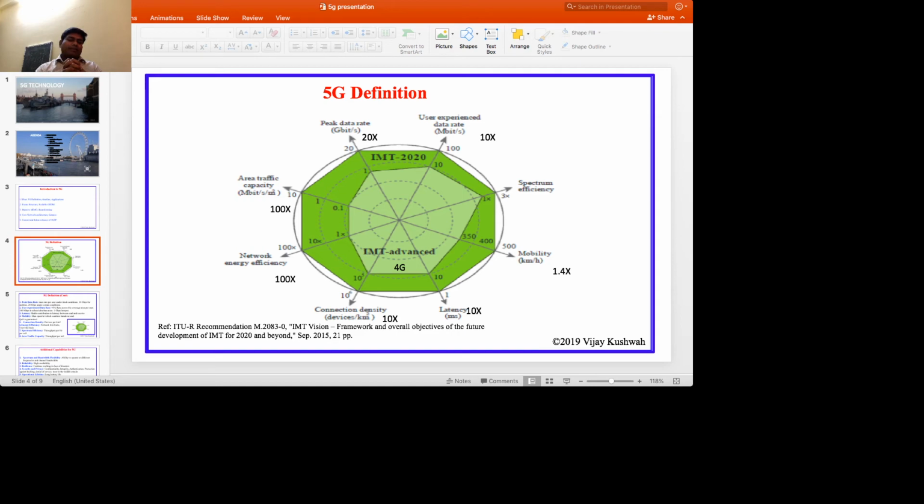Connection density basically means how many devices per square kilometer.